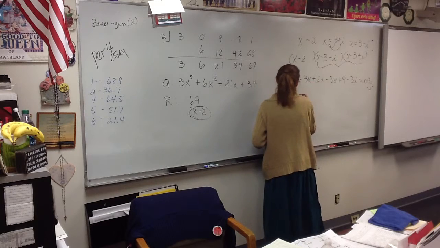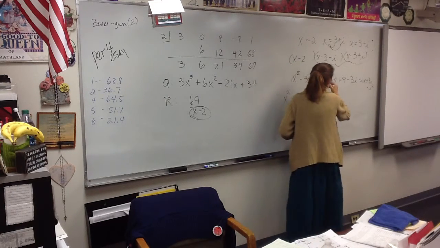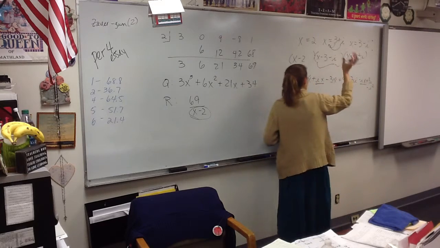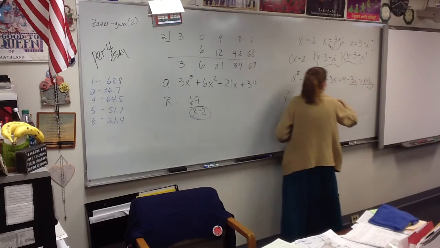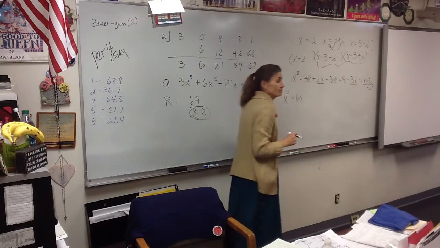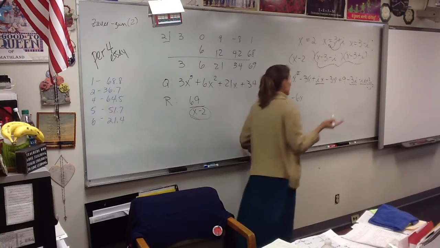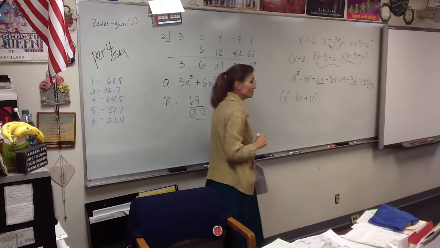There's going to be 3x and 3x, so those are going to add together. Now look, that guy and that guy are gone. This one and this one are gone. And what's negative i squared? 1 plus the 9 gives me a 10.